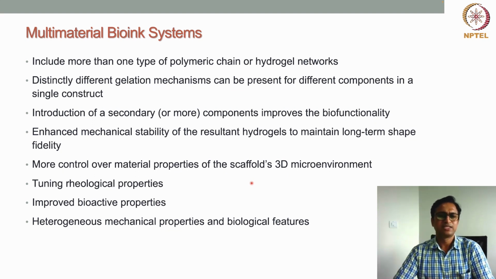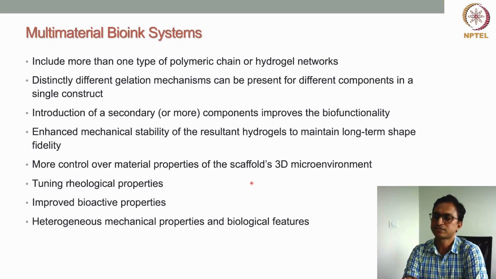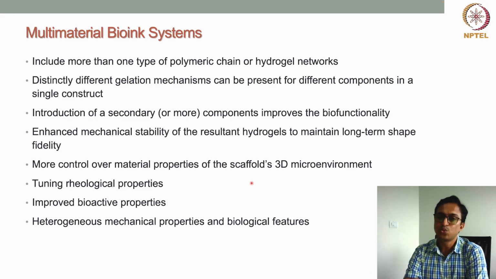Another important property of this multimaterial Bioink system is, because there are more than one type of polymer chains or hydrogel network present, we can also work on distinctly different gelation mechanisms for different components in that Bioink. Suppose the Bioink is made up of two different hydrogel networks.